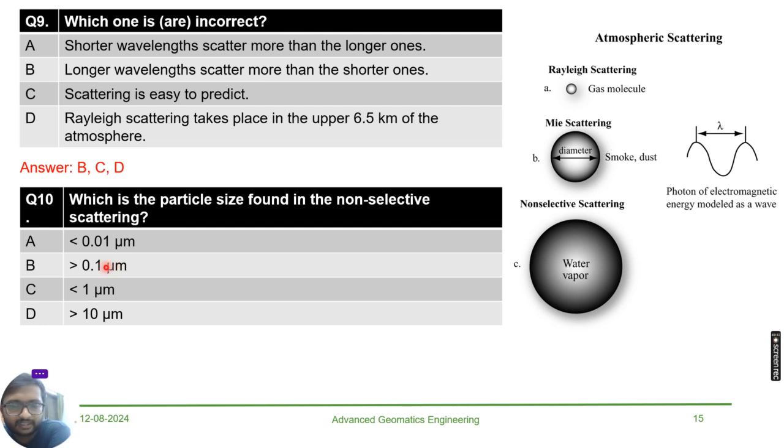So it will cause Mie scattering rather than non-selective scattering. But the condition for non-selective scattering is that the particle size should be very high compared to the incoming radiation. So the answer will be greater than 10 micrometer.